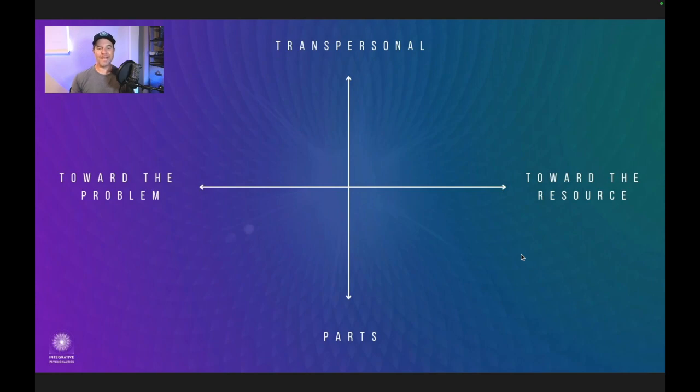Okay, so let's talk a little bit about things from an IFS, or Internal Family Systems, perspective. Really quick, I'll say before I make my points here, if you're not familiar with IFS, it's a very popular new approach to therapy that recognizes that our personality isn't one contiguous thing, that we actually have parts or sides to our personality.